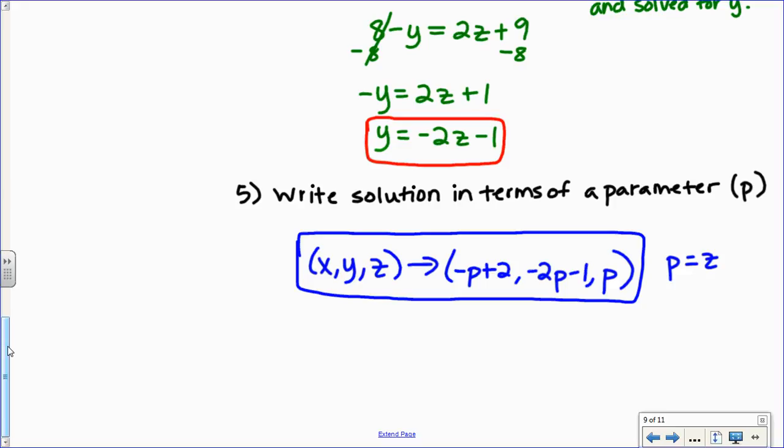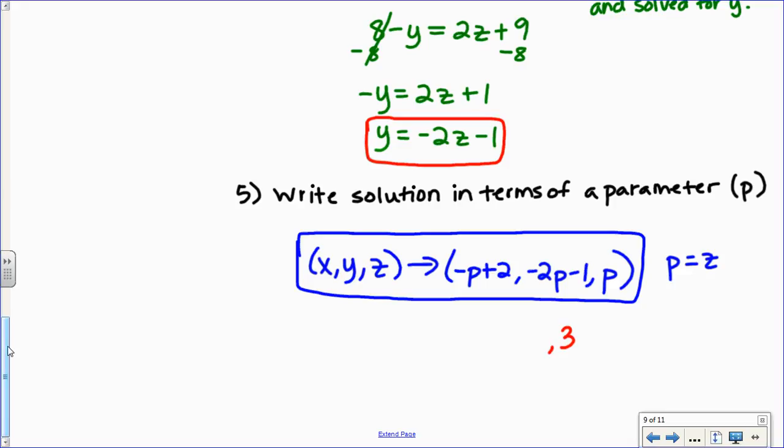But it is linear dependent because X and Y are dependent, these linear equations, based on what P is. So, for example, let's say I want Z to be 3.